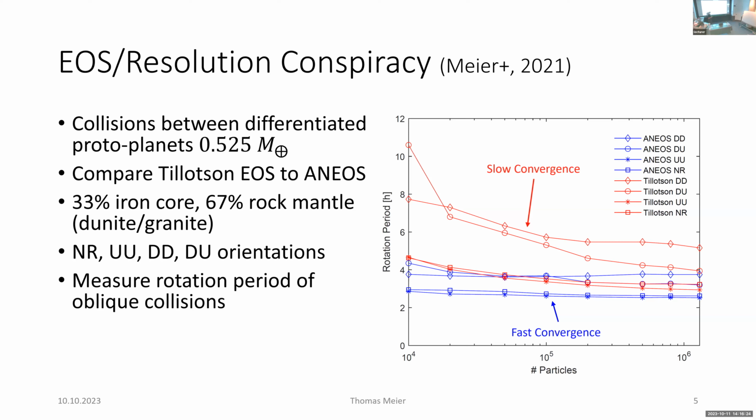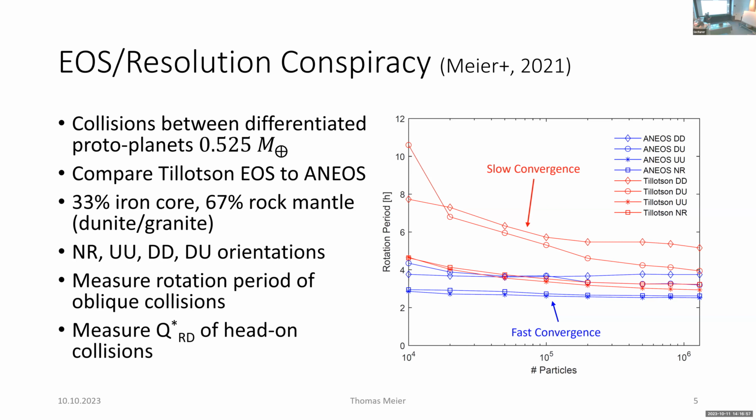This means that at low resolution, a lot of angular momentum was transported away, slowing down the planet. If you go up with the resolution, the effect of this angular momentum transport gets smaller, which means that the planets then kept rotating faster. So we have seen that even this most fundamental result depends on the resolution if your equation of state is bad.